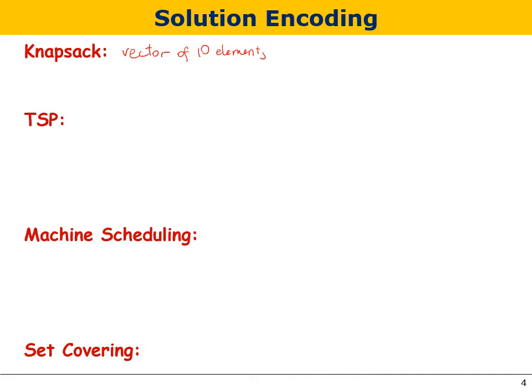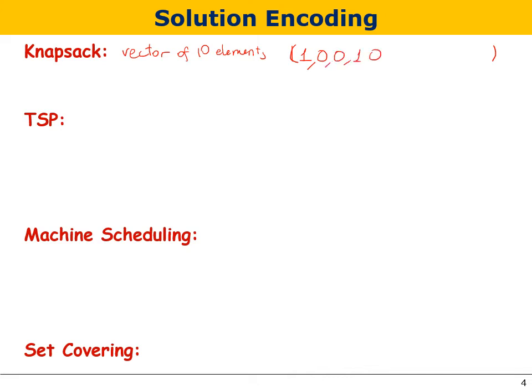And this vector of 10 elements, I can represent it like this. They are all either 0 or 1. If the first element of this vector is 1, it means that we are selecting item 1. If the second one is 0, we are not selecting it. If the third one is 0, we are not selecting it.